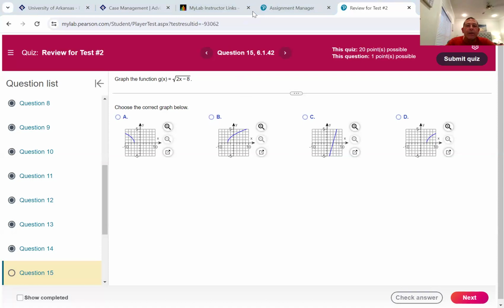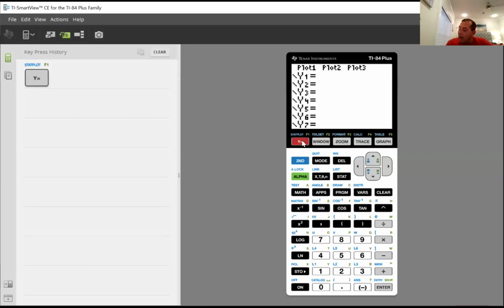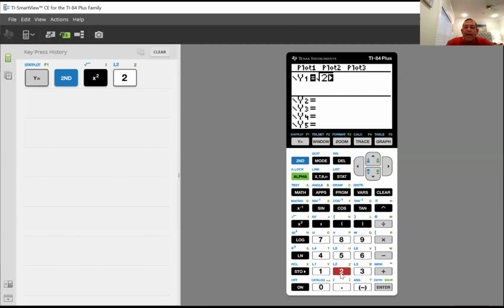I think g of x was a square root of 2x minus 8. Now you could have graphed the last one on here also. Any of these graphs you can do on your calculator. So go to y equals and hit second x squared for your radical. Put in your 2x minus 8.